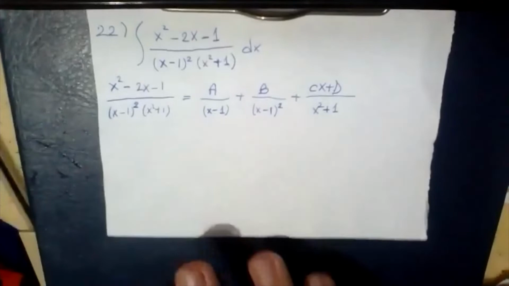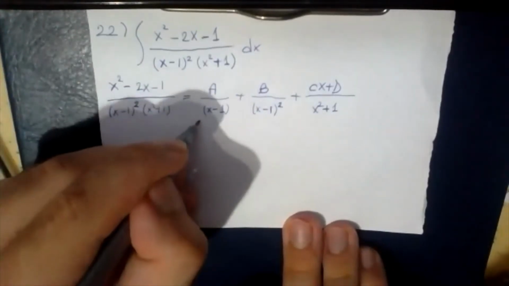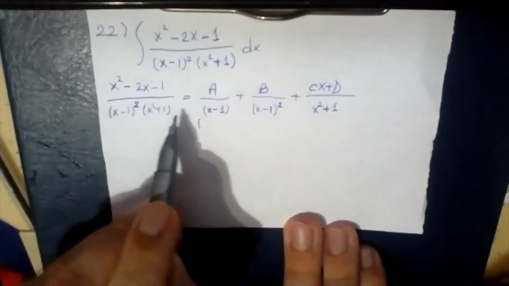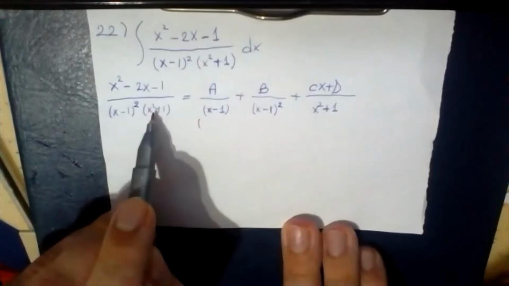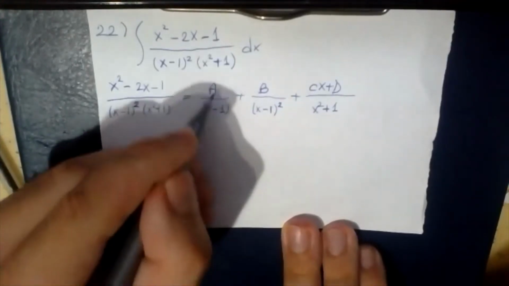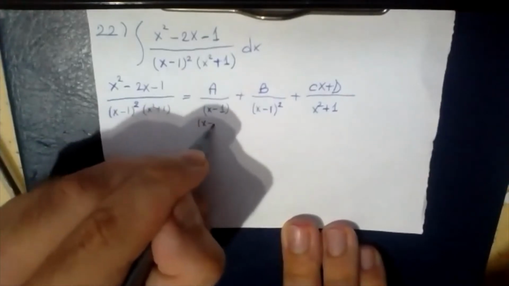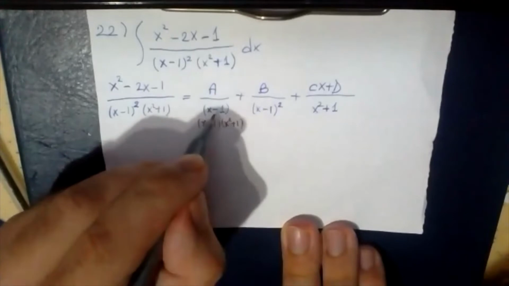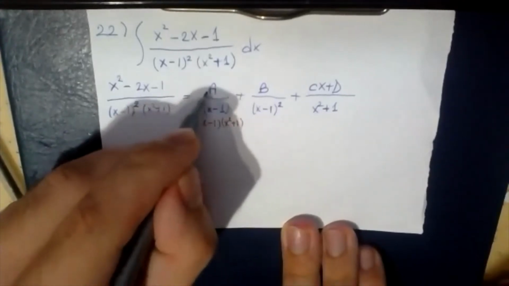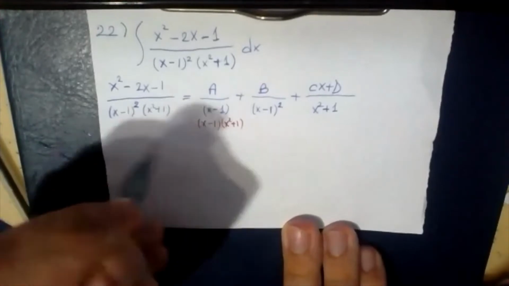Now we decompose it. Before the decomposition, we should synchronize the denominators to make the denominator of everything (x minus 1) squared times (x square plus 1). We need to expand the first term with (x minus 1) times (x square plus 1), so that the multiplication of expanding both numerator and denominator will give us this denominator.